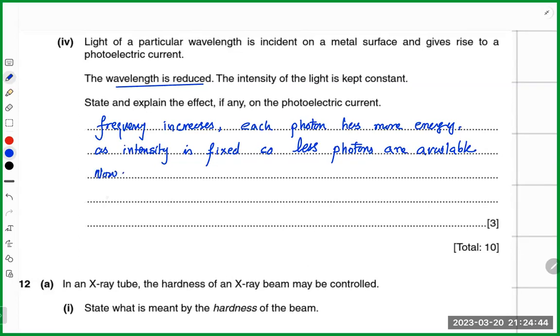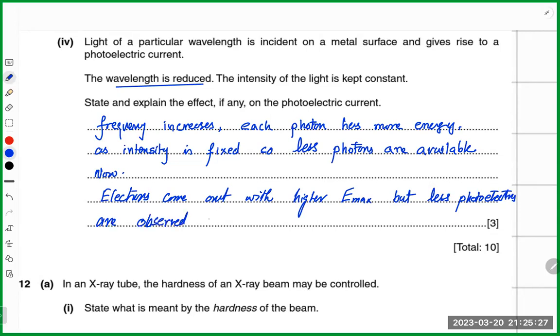Now, electrons come out with higher kinetic energy, but fewer photoelectrons are observed. So photoelectric current decreases.